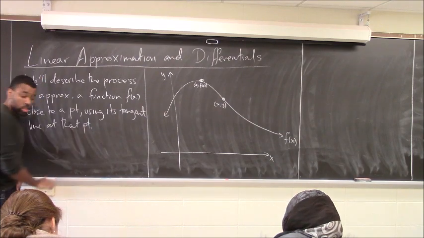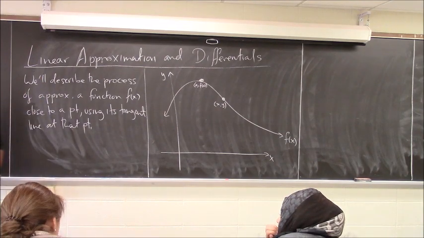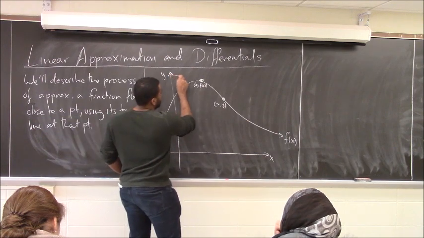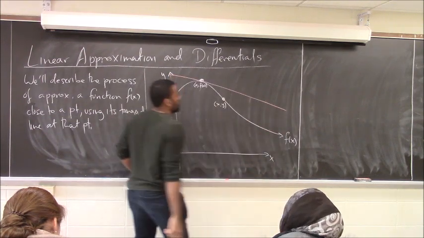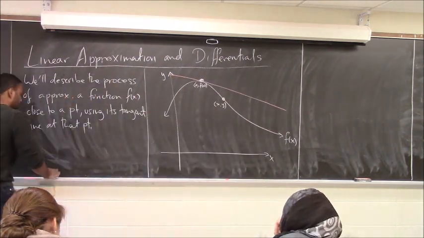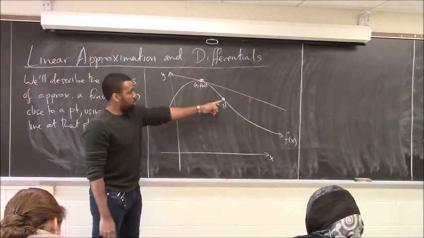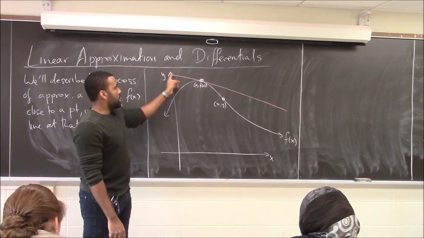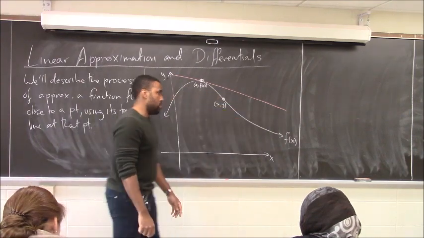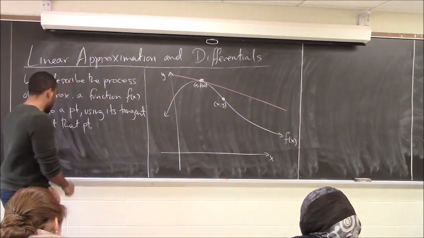On top of that, we also know how to create a tangent line at that point. So while the function might be very complicated to figure out over here, we can definitely know how its tangent line is behaving, and that will give us an approximation.